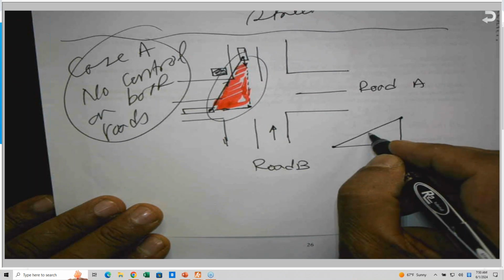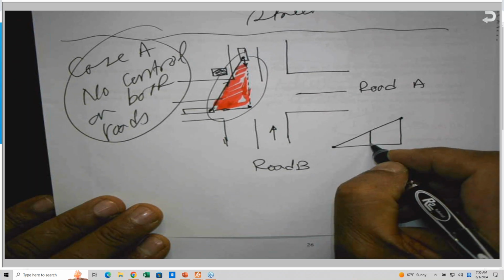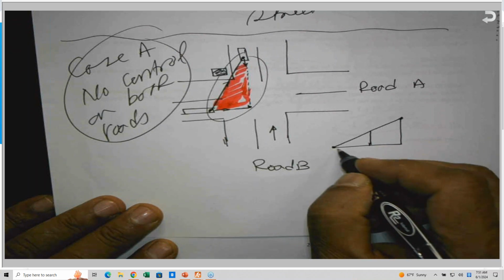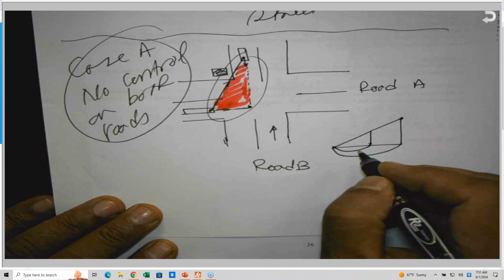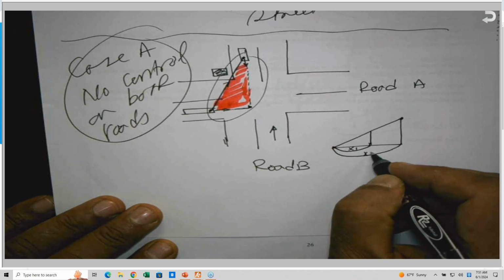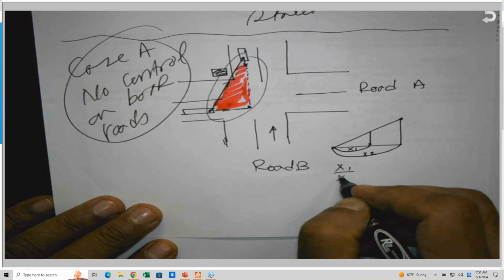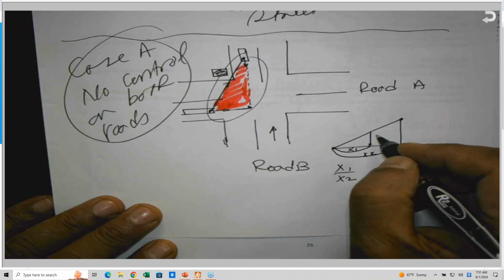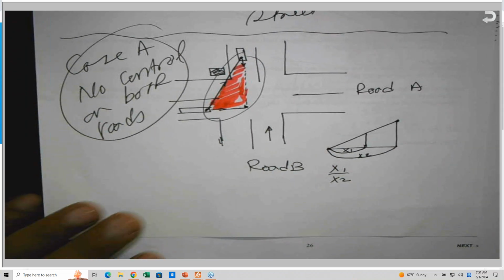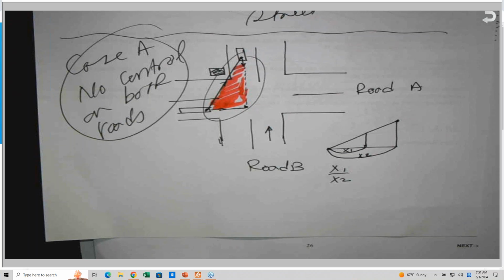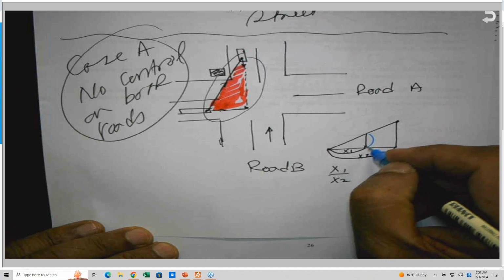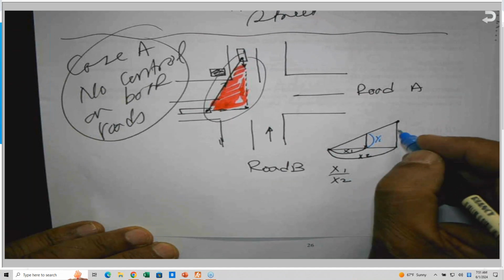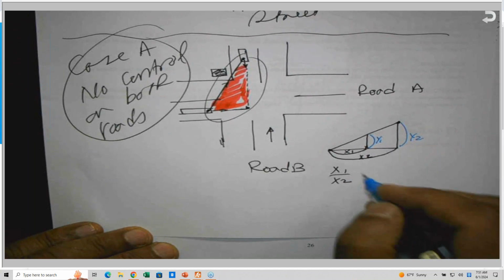And here is the building. So I'm saying that this distance over this distance, which I call x1 and x2, so x1 over x2 as, let me get a different color, forgive me, as this distance here, y1 over y2.